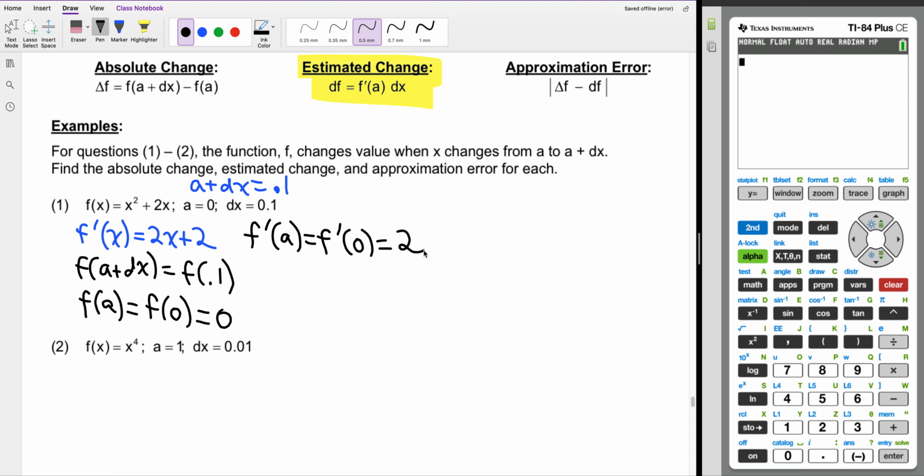This one I just got to chuck in the calculator, 0.1 squared plus 2.1. Well, actually it's 0.01 plus 0.2, so 0.21. I'll just double check that.